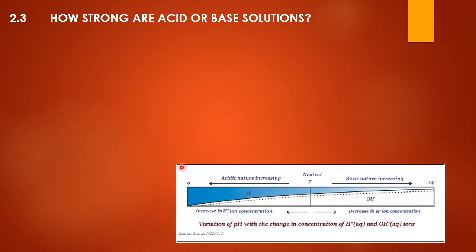This is the pH scale that tells us how strong an acid or base is. pH is simply a number that tells us about the strength of an acid or base. This pH varies from 0 to 14.